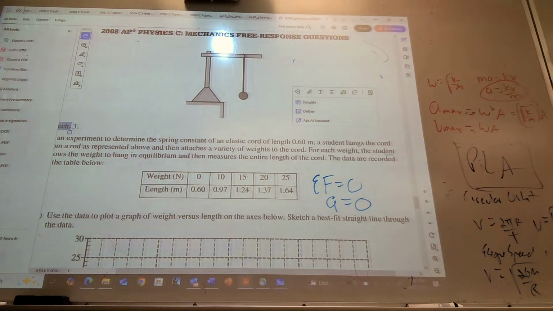Isolate your X. I thought since we're trying to solve for speed, that was alright. Well, they told us maximum speed. But we're not solving for maximum speed, we're just solving for X.